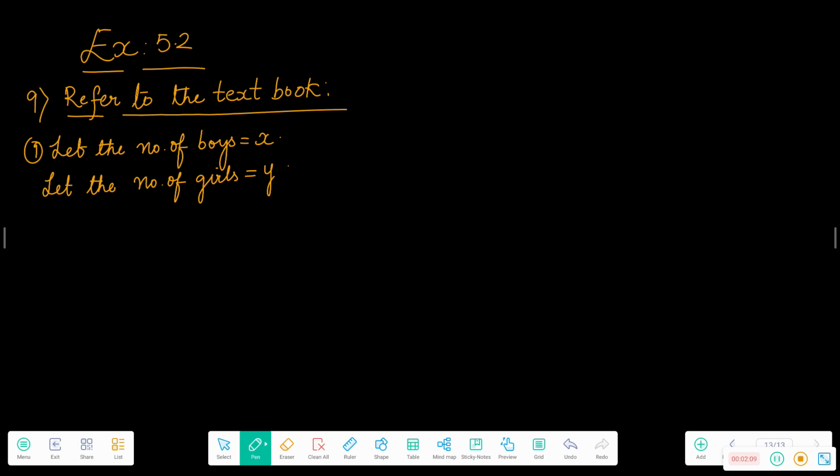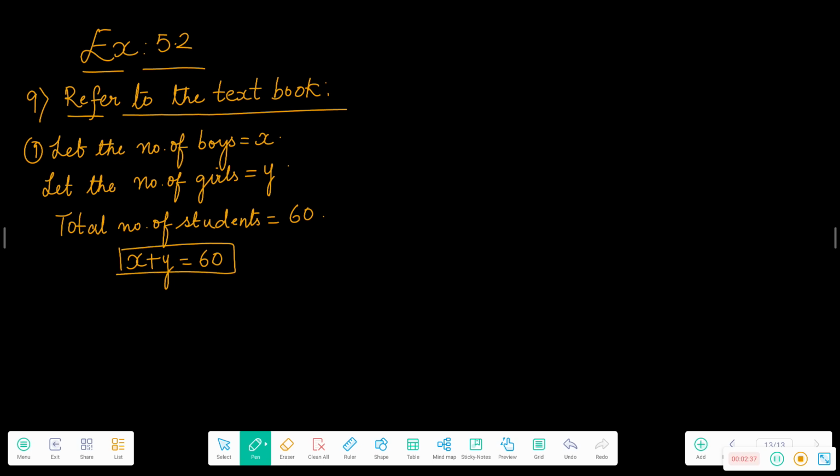According to the question, each boy contributed money equal to the number of girls. So how many students are there? Total number of students are 60. That is, number of boys and number of girls together are 60. So, x plus y is equal to 60.